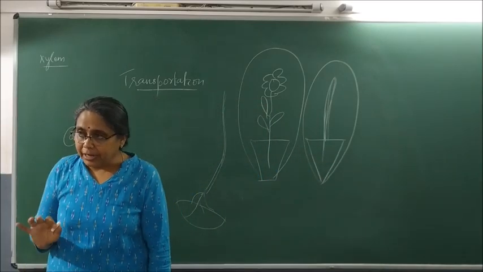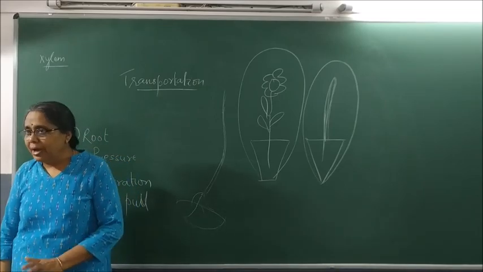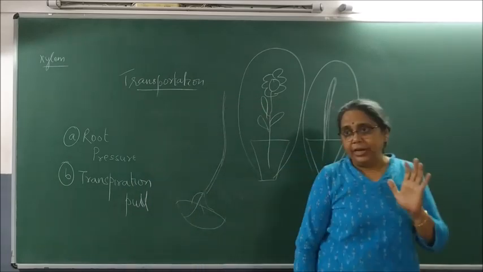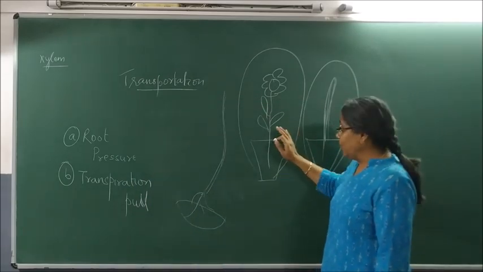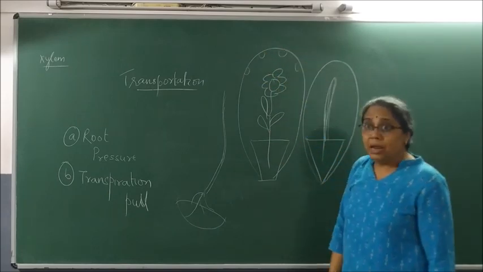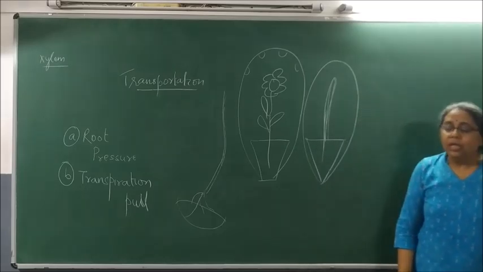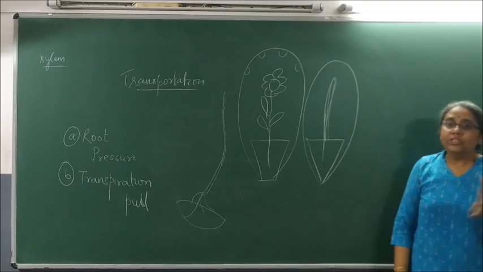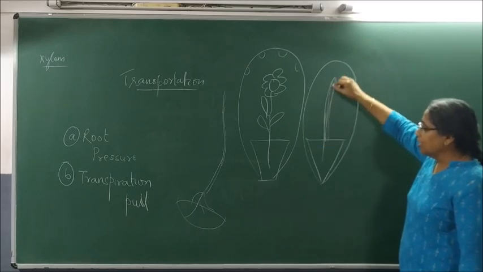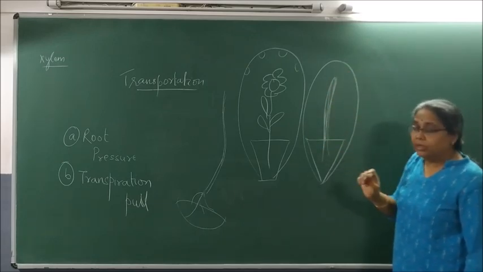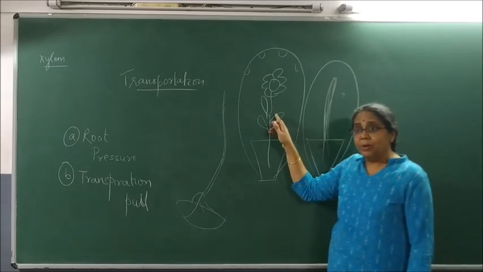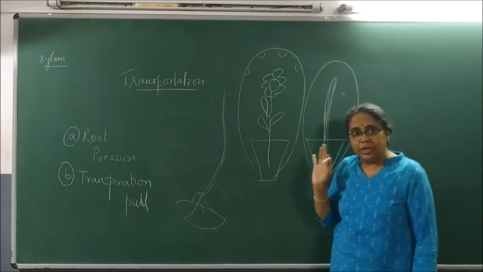After a day, when I come back and see the plant and the stick, I will find that in the plastic cover where there was a plant, there will be some water droplets, which proves that plants give out water in the form of water vapor, which condenses back to form water droplets. Whereas on the stick, where there was no removal of water, there are no water droplets. So this proves that only living plants show the process of transpiration.